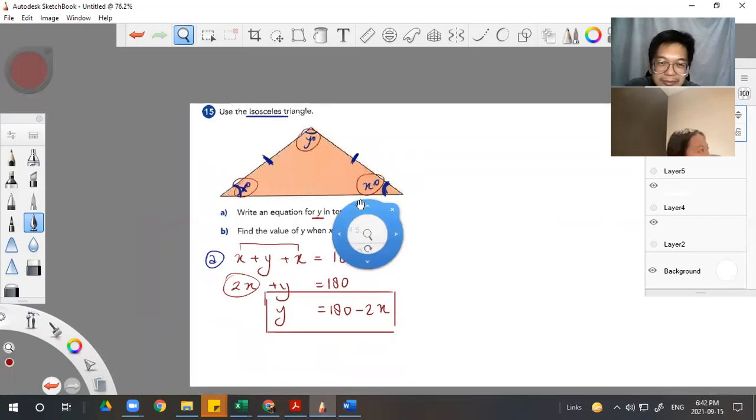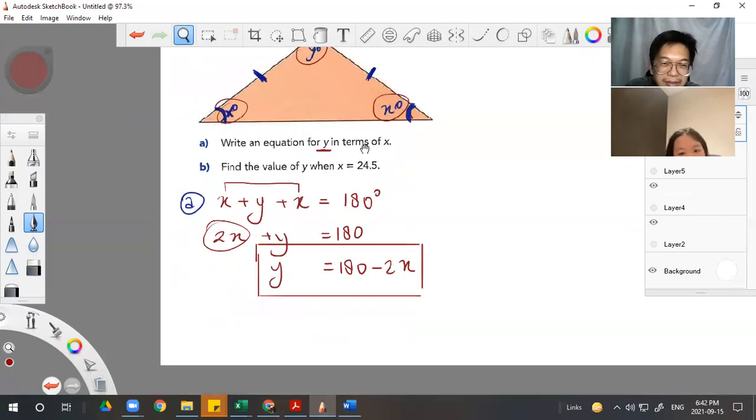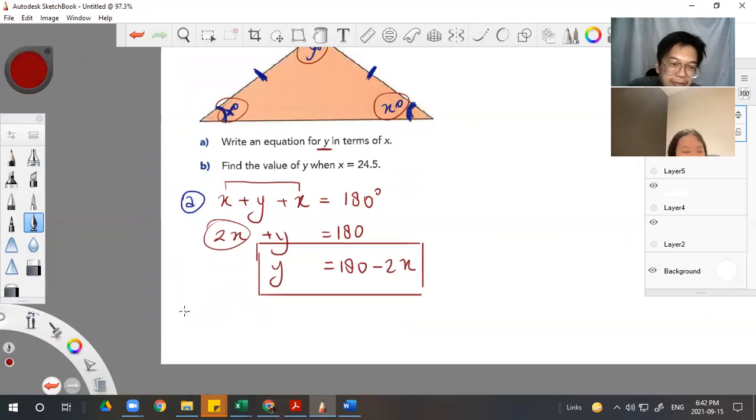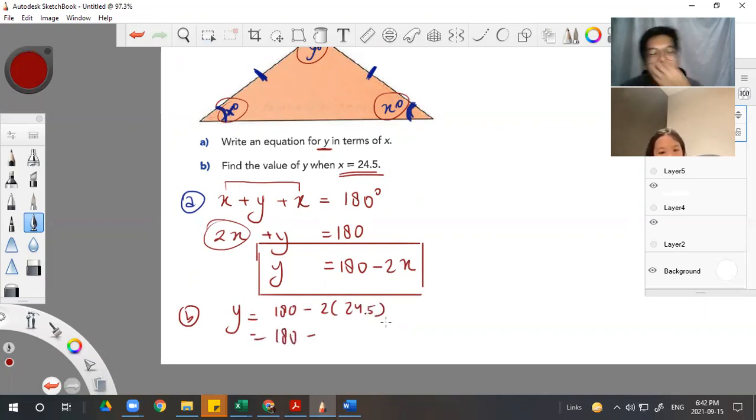How about B? Find the value of y when x equals 24.5. Oh, simple. So y equals 180 subtract 2 times 24.5. 24.5 times 2 is 49.